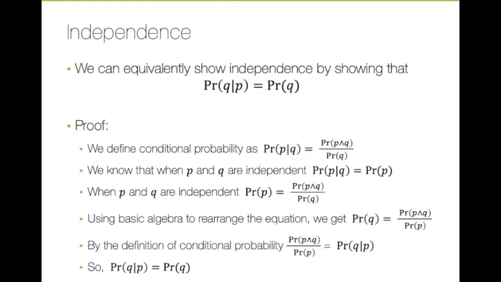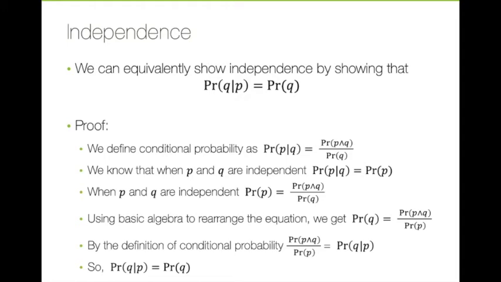And now we have the probability of Q is the probability of P and Q over the probability of P. But if you take our conditional probability formula, that fraction on the right there, that just is the definition of the probability of Q given P.